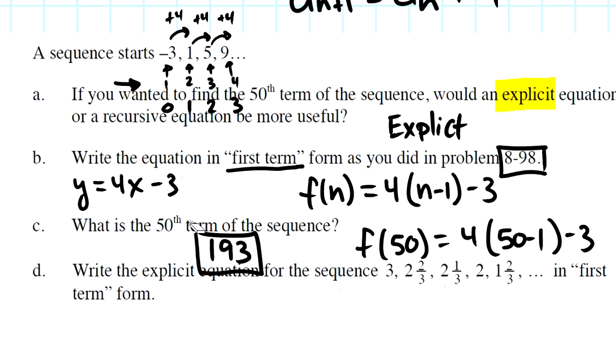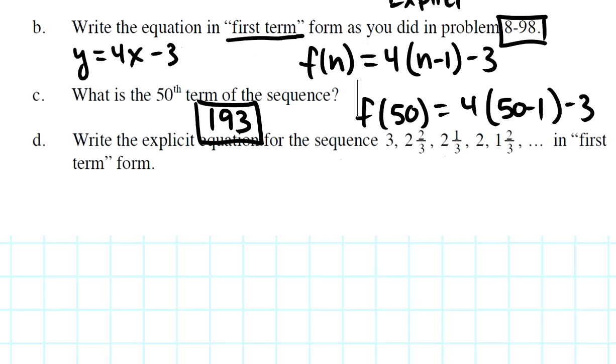And then let's see, part D says, write the explicit equation for this given sequence in first term form. Okay, so let's first try and figure out what's going on here. It looks like I have decreased by a certain amount. In fact, looking at all the subsequent terms, each time I am subtracting 1/3.